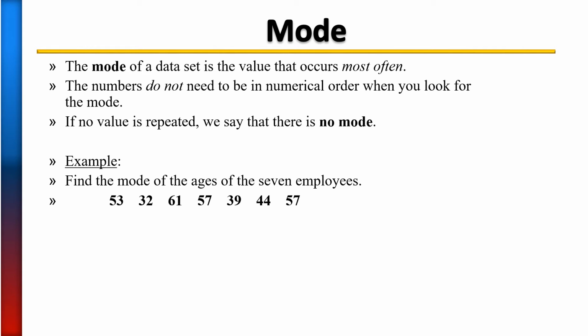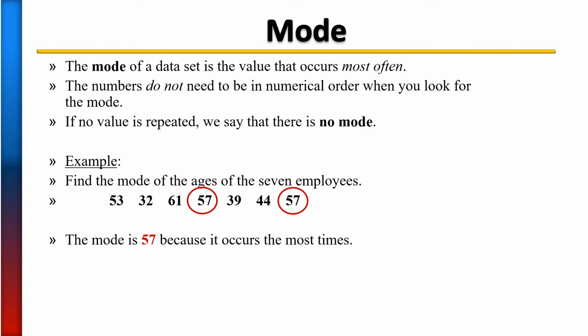And so out of the 7 digits, only one number repeats itself, and that number is number 57. So therefore, we would say that the mode is 57 because 57 appears more than any of the other numbers.